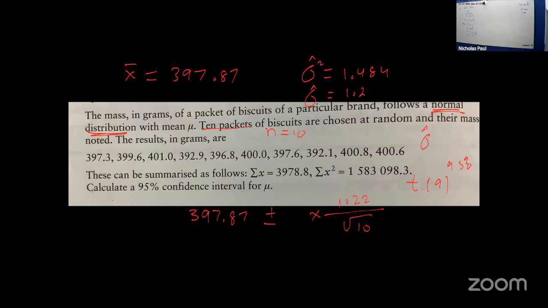So go to the table, tell me what you get. With 9 degrees of freedom, the reading off was 0.975. I got 2.262. Try not to round up too much.